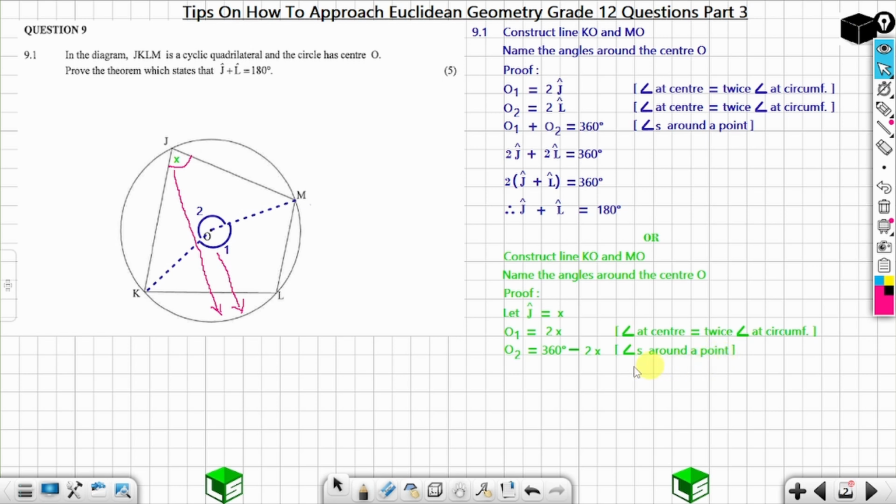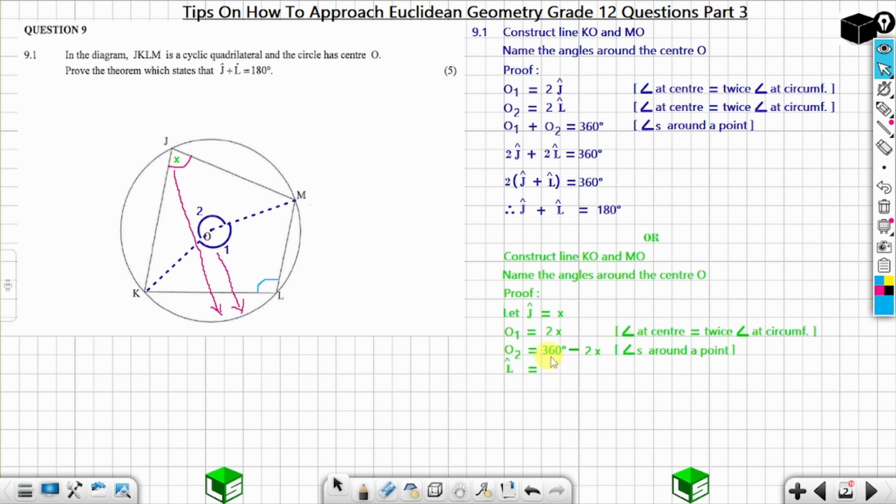So you have angle J is equal to X. What is angle L? Angle L is half of angle O2. When you divide angle O2 by 2, you are going to have angle L. So this is angle O2.